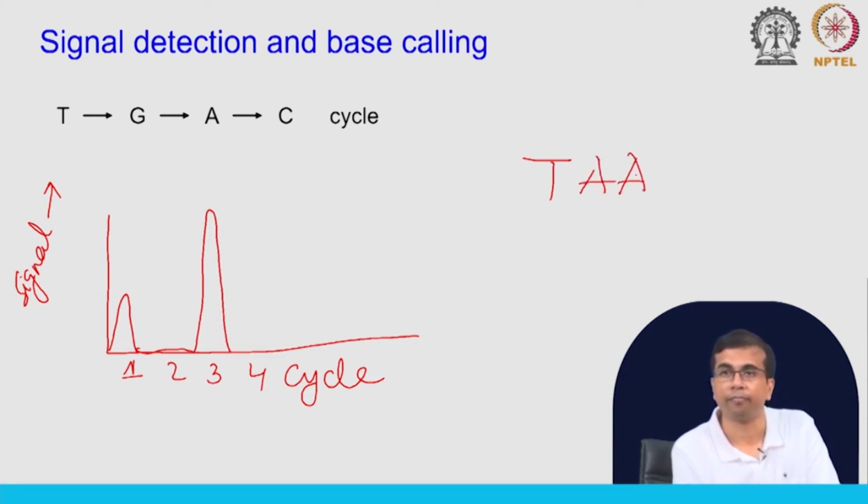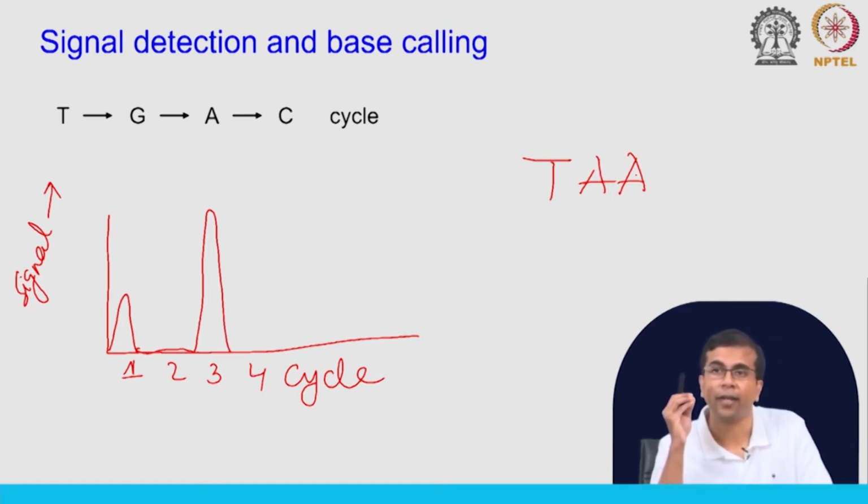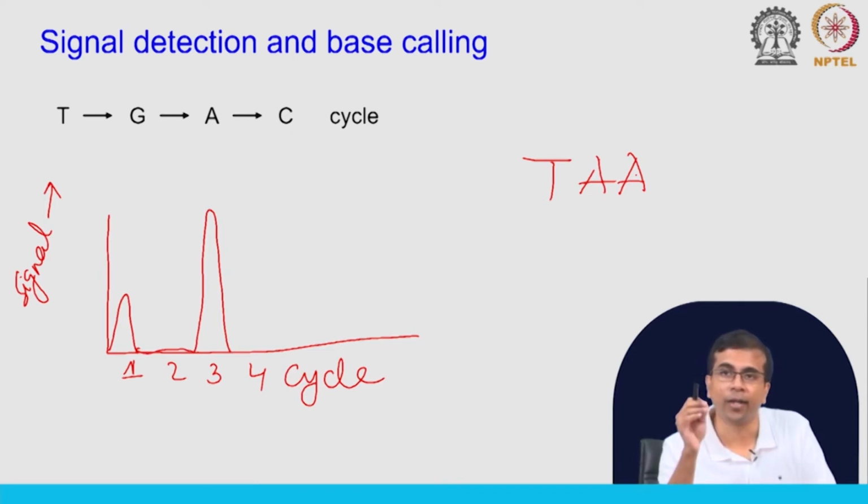2 A's. So, you can now imagine, if you have addition of one base, you get one unit of light. Let us say if you have addition of 2 bases simultaneously, one after another, you have 2 complementary bases added. So, what will happen?